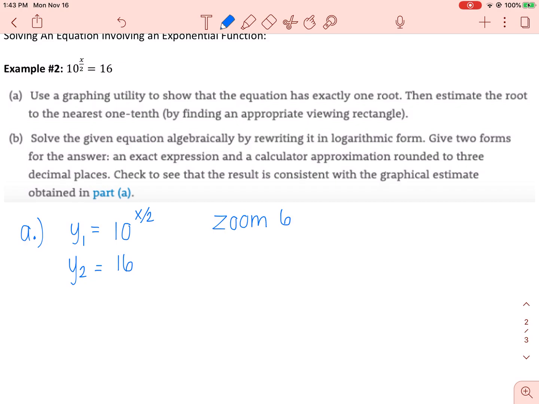So the buttons to do that, we've done this before, is second trace. You're going to choose the button that says intersection, which is option 5.